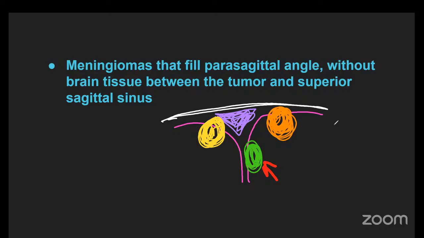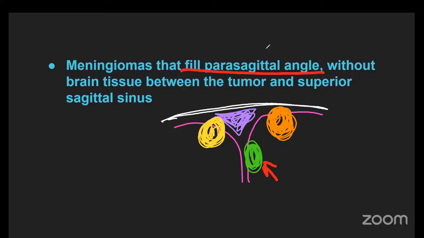Yes. When the meningiomas are huge and the tissue planes are not as easily visible, a lot of residents, especially the junior ones, confuse a parasagittal meningioma, a falcine meningioma, and a convexity meningioma, because they can have overlapping features and overlapping radiology. But for any meningioma to qualify as a parasagittal meningioma, it has to fill the parasagittal angle.